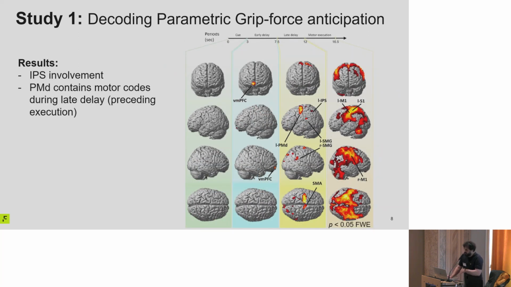Regarding the results, by running t-tests, we found effects in each time period we examined. As expected, during the cue period, no above-chance decoding was found, due to the temporal dynamics of the BOLD signal, while during the first delay period, we found the ventromedial prefrontal cortex. In contrast, during the second delay period, we found the contralateral intraparietal sulcus and the dorsal premotor cortex.